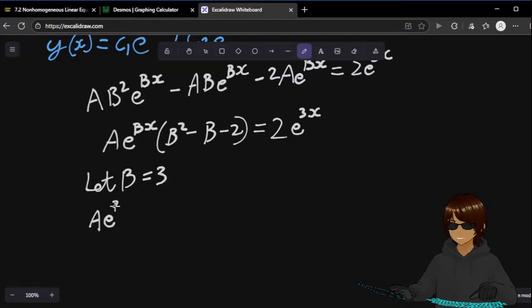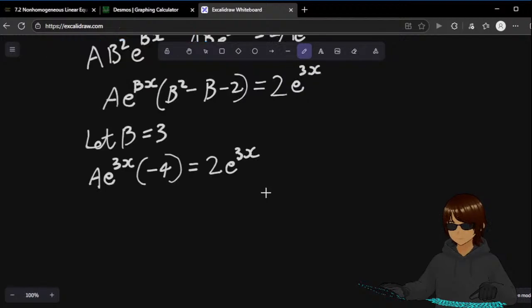A e to the power of 3x times (9 minus 3 minus 2), which is 9 minus 5, so minus 4. Wait, 9 minus 5 is 4. This implies that a is equal to one half.